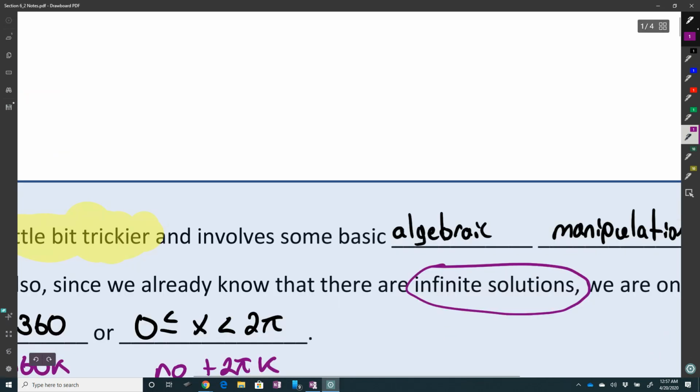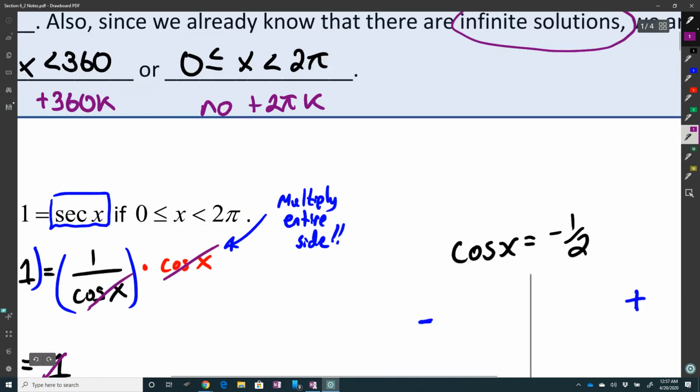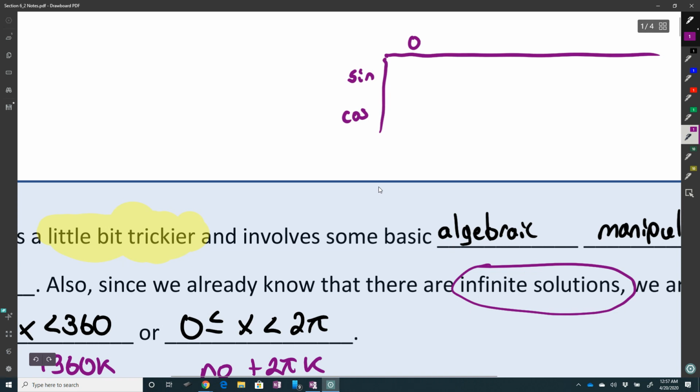Whenever you're doing a test, it's always a good idea to write out your little trig table in the beginning. So I have 0, wait, are we in radians? We're in radians. So 0, pi over 6, pi over 4, pi over 3, pi over 2. So I have 0, 1/2, square root of 2 over 2, square root of 3 over 2, and 1. And then here this just goes in reverse order.